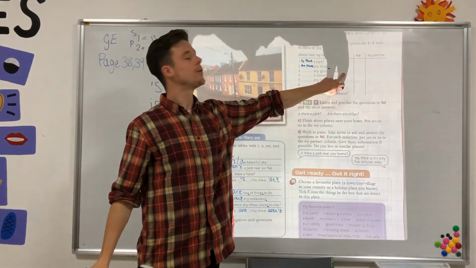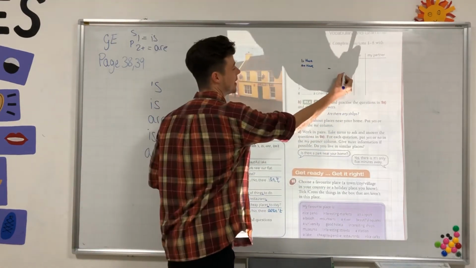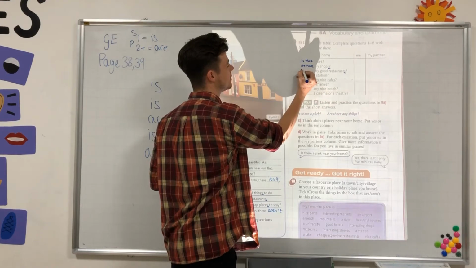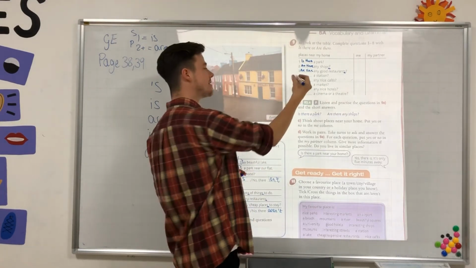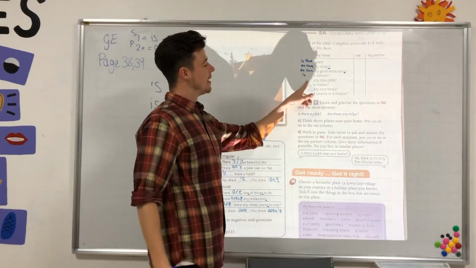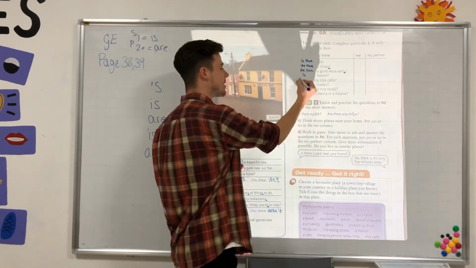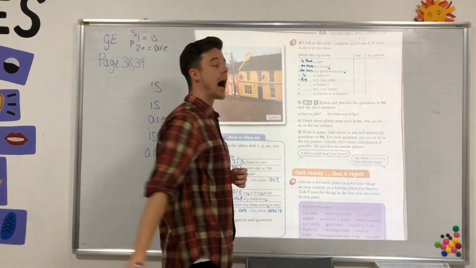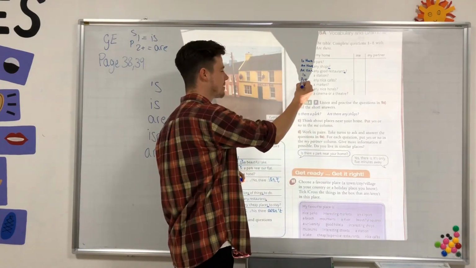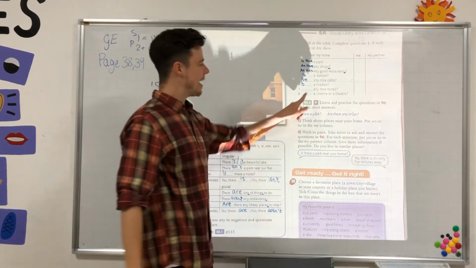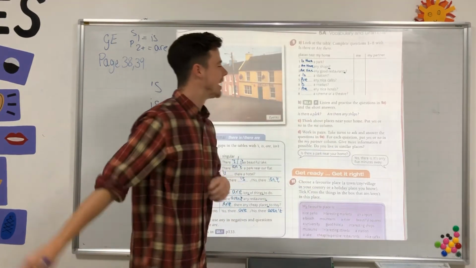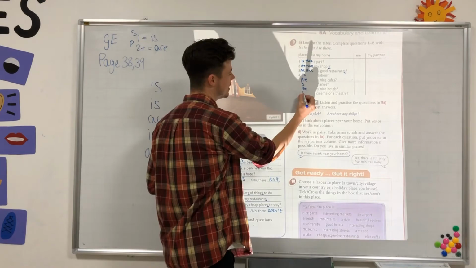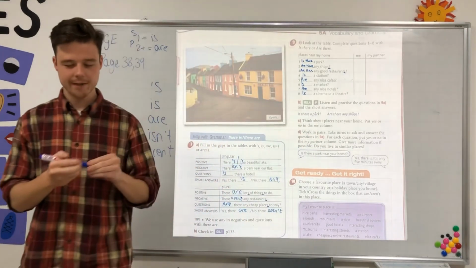So plural restaurants, again that would be are. Station is singular, so it would be is. Any nice cafes are. Our market, singular is, don't forget there. Any nice hotels are, and a cinema or a theatre is, okay?